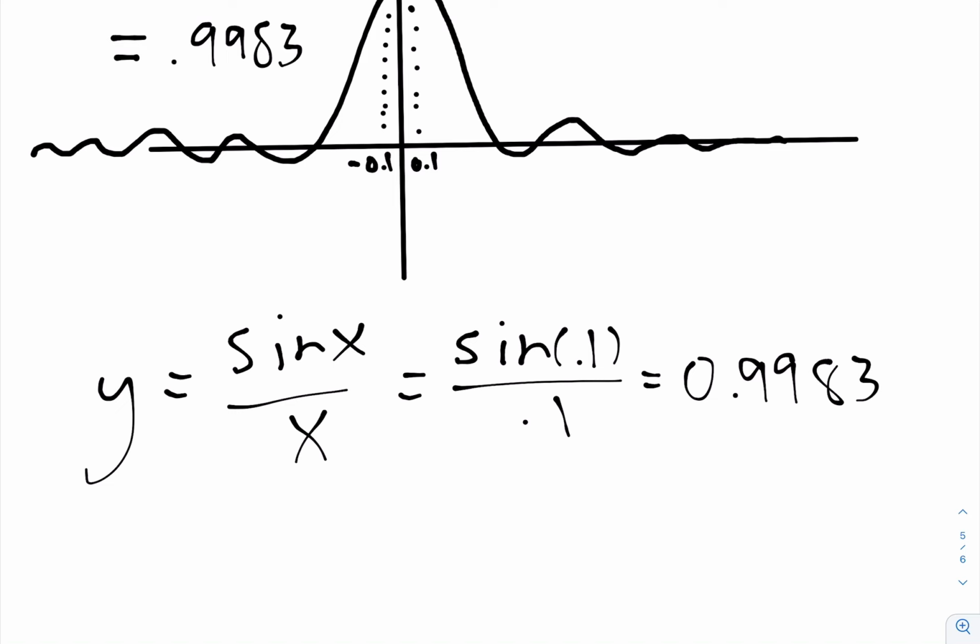Let's get even closer. Let's go sine of negative 0.01. That's going to equal negative 0.0099998333. Let's divide that by negative 0.01.